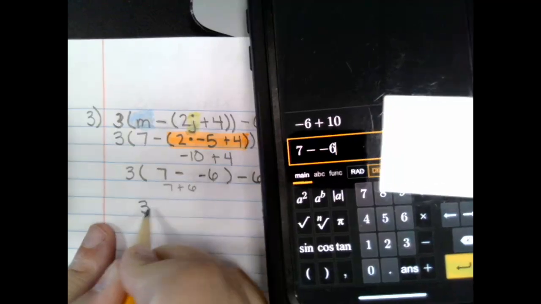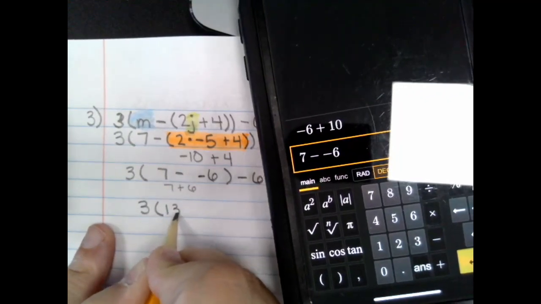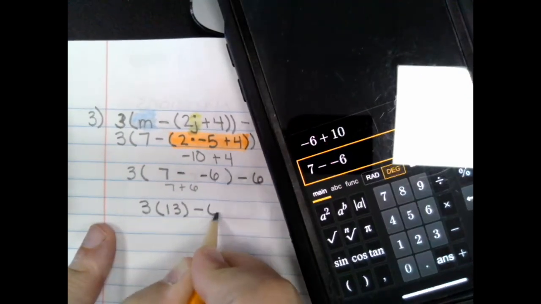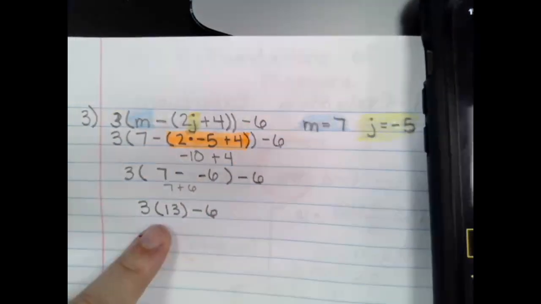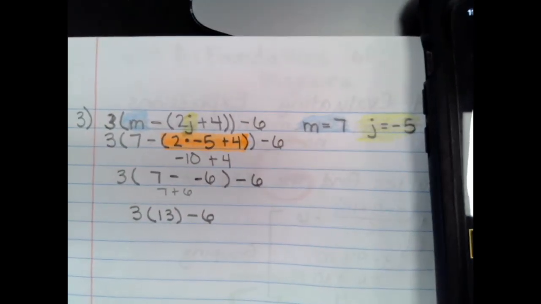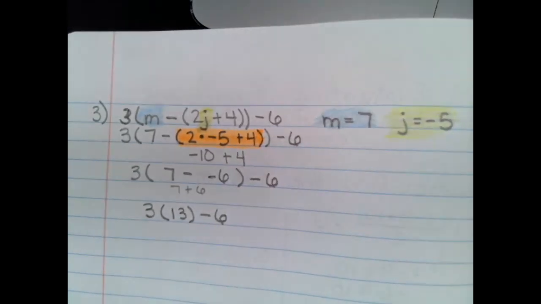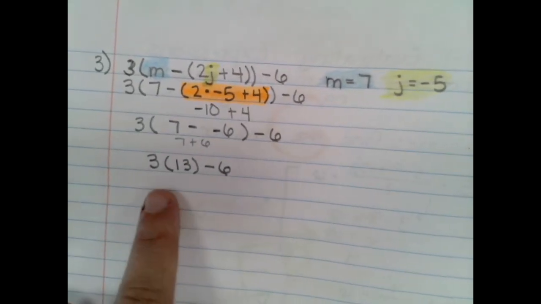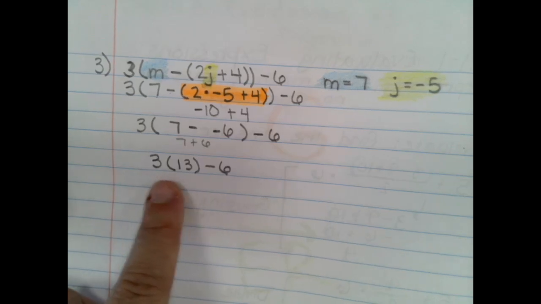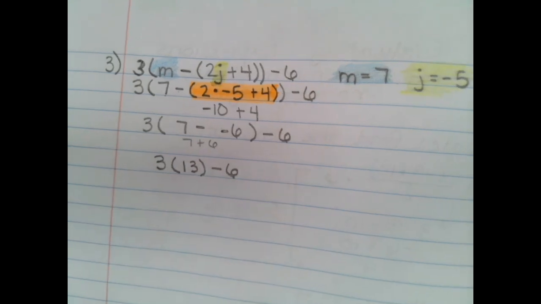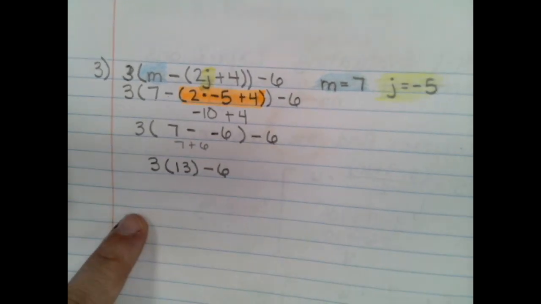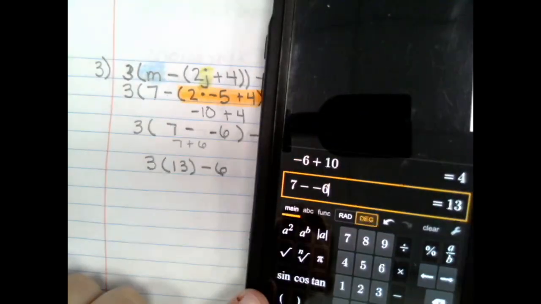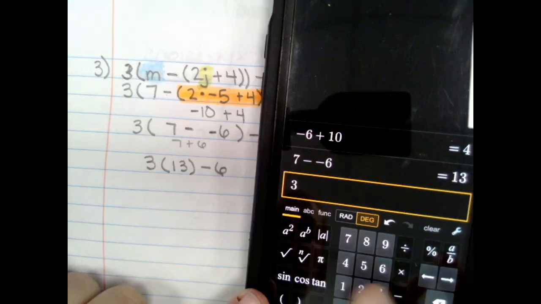So we have 3, 13, minus 6. You could have written this just as a times 13. When I see parentheses, I like to try and keep them if I can. When they're touching, that means times. So am I going to times or minus next? Times. 3 times 13. If you're not sure, use a calculator.